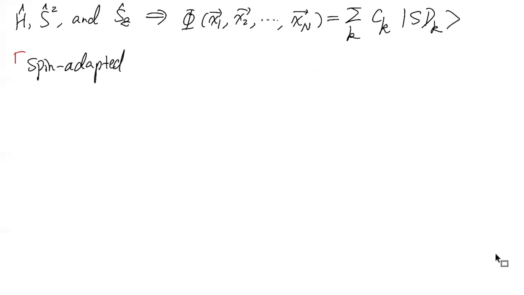This phi, this linear combination, which is an eigenfunction of S squared, is called a spin adapted configuration, or you can call it a configuration state function.